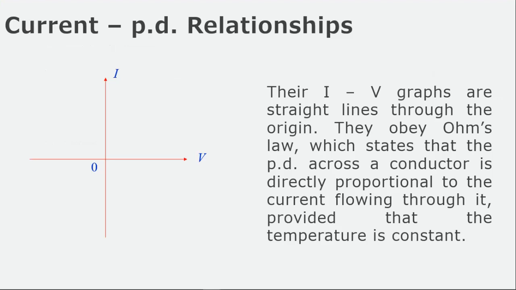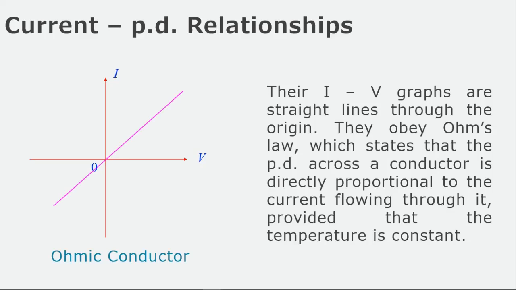They obey Ohm's law, which states that the potential difference across a conductor is directly proportional to the current flowing through it, provided that the temperature is constant. Hence, we call it an ohmic conductor. All of these conductors that follow Ohm's law are known as ohmic conductors.